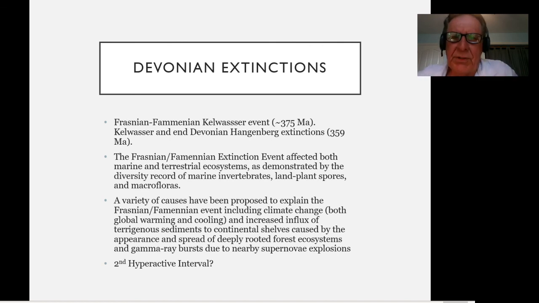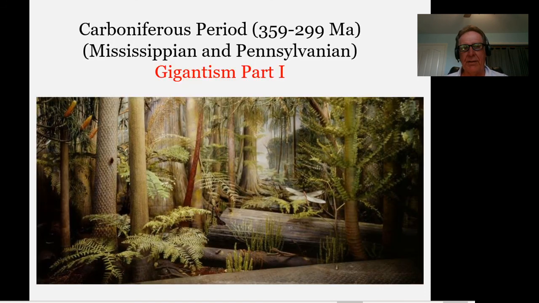Same sorts of things that we saw in the Ediacaran extinction, except this would also affect organisms. It's unclear what caused these extinctions. There's lots of arguments about what caused them. But what we do know is that this was one of the big five extinctions.